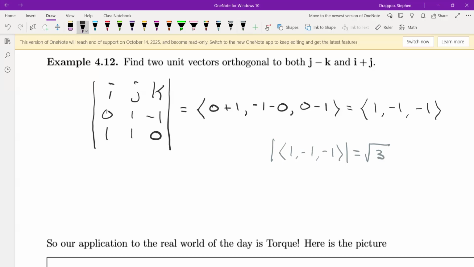So if I want my unit vector, I'll go U for unit vector. And it'll be my first one, so I'll call it U1 because I'm just very creative. And it's going to be 1 over the square root of 3 times the vector I already had. 1, -1, -1. That thing's a unit vector, and it's got to be orthogonal to the original 2 because it's parallel to their cross product.